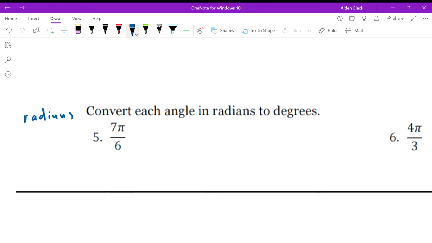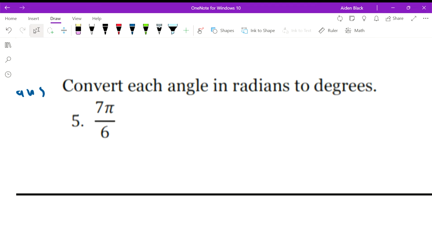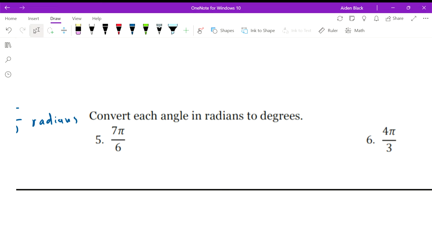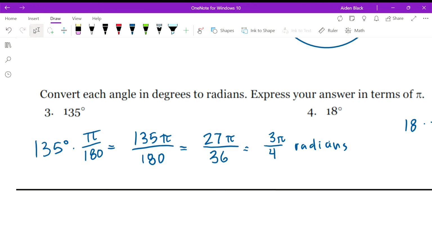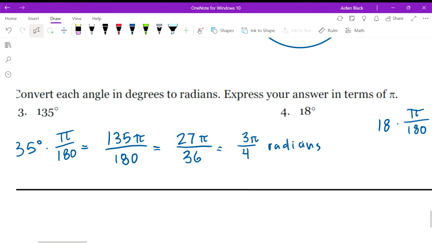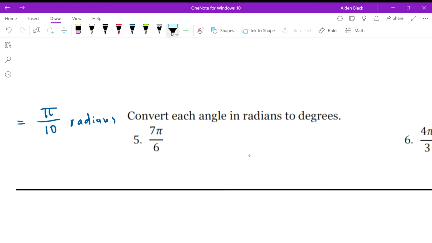Let's next convert each angle that's in radians into degrees. The difference between converting radians into degrees as opposed to degrees into radians is that here we use pi over 180; in this case, we're going to use 180 over pi. So 180 over pi times 7 pi over 6.